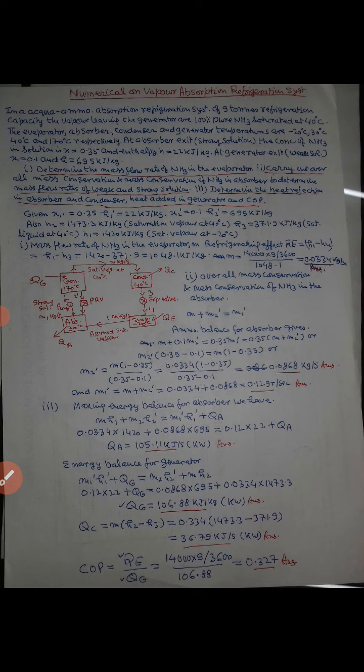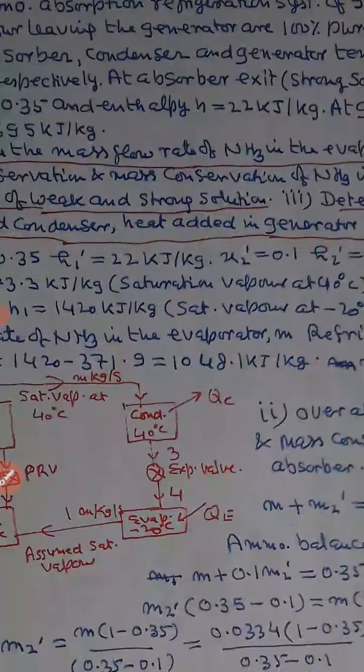Second part, carry out overall mass conservation and mass conservation of ammonia in the absorber to determine the mass flow rate of weak and strong solution. Second part is somewhat different.